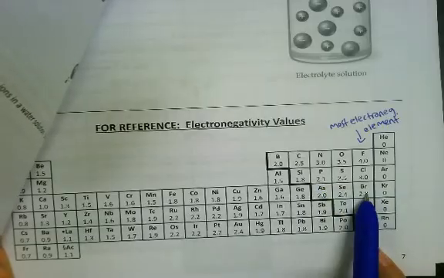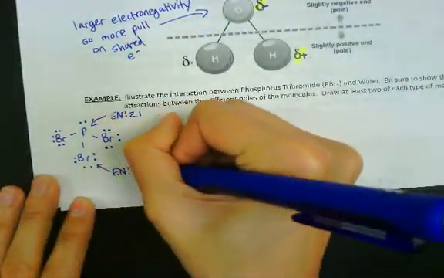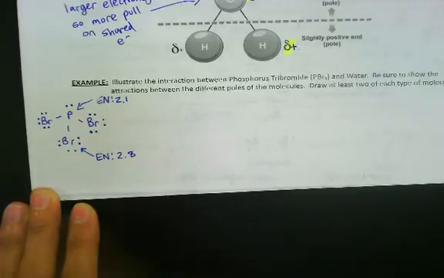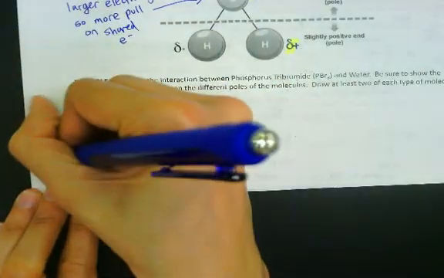The electronegativity value for bromine is 2.8. So since our electronegativity for this one is 2.1, and this one is 2.8, who is going to have a stronger pull on the electrons in these covalent bonds? Bromine. Very good.